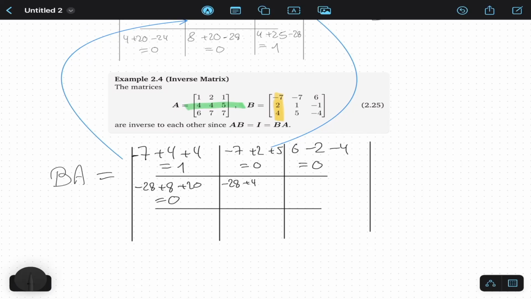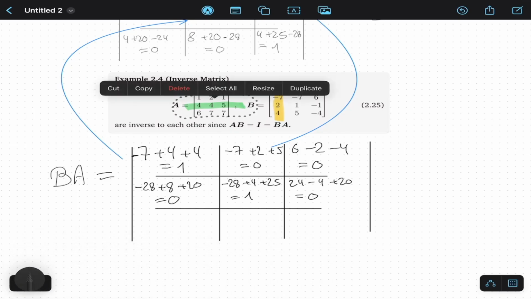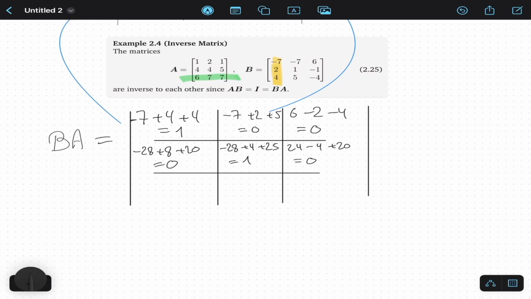Plus 4. Plus 25 makes 1. And the next one is 24 minus 4 plus 20 equals 0. Then the last part is to just move it down.